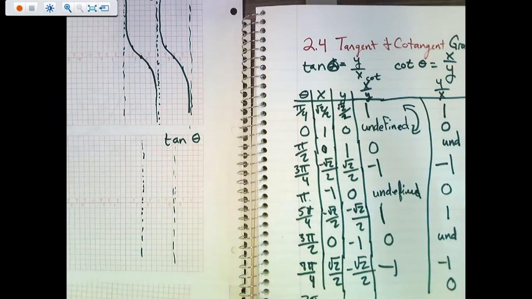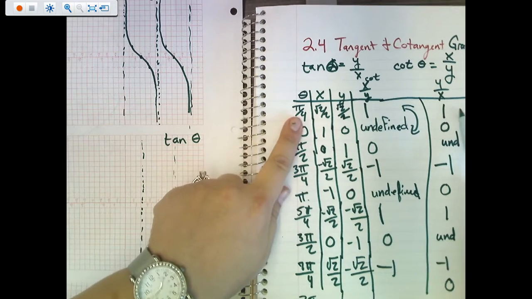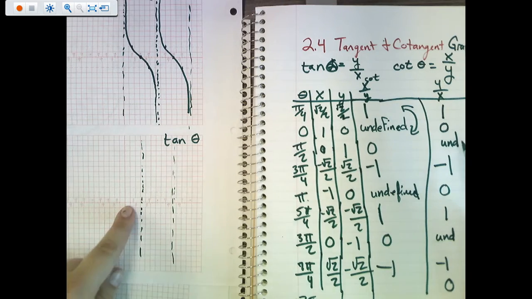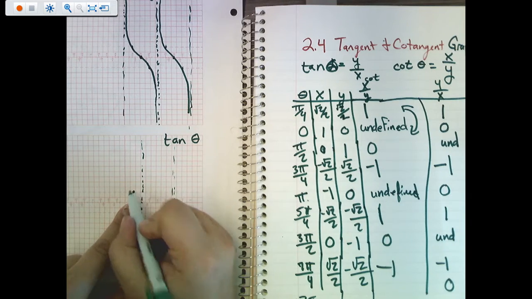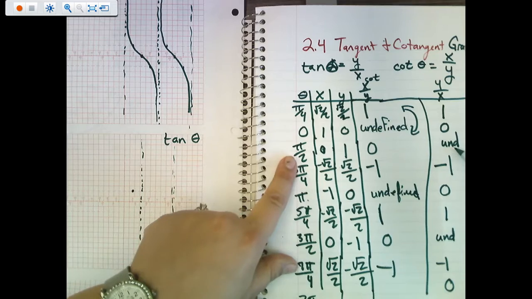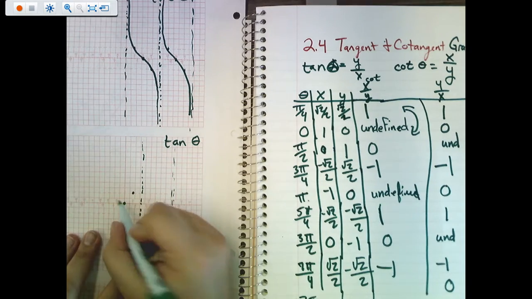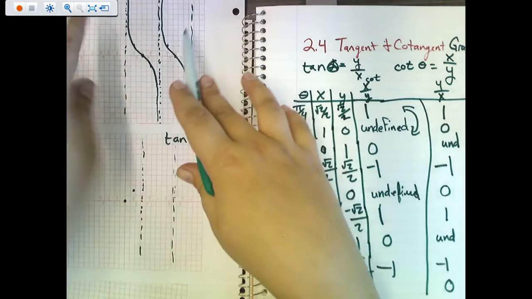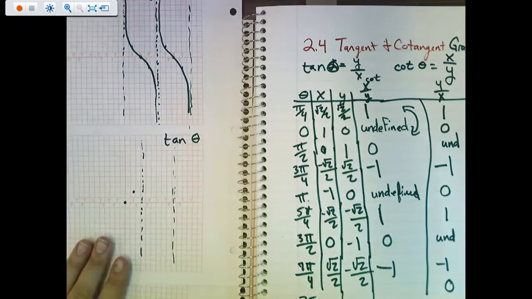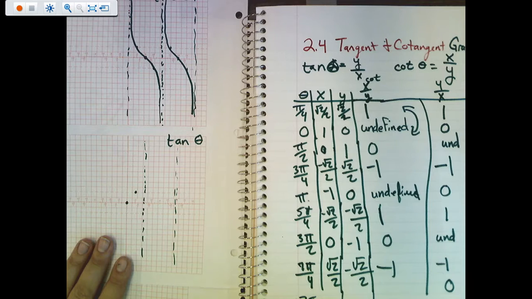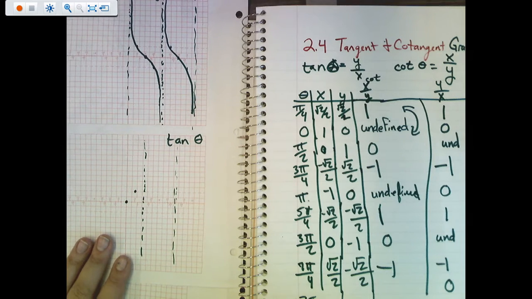Plotting these points, at pi over 4, I have a 1. At 0, I had a 0, but on my cotangent, at 0 I actually had that vertical asymptote. So the zeros and the vertical asymptotes are switching places from tangent to cotangent.